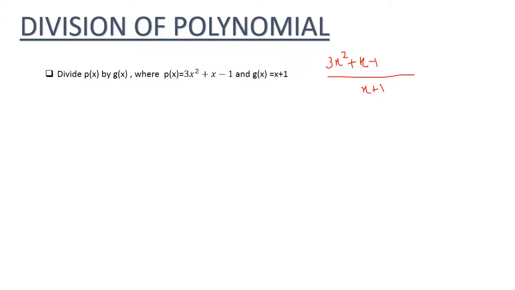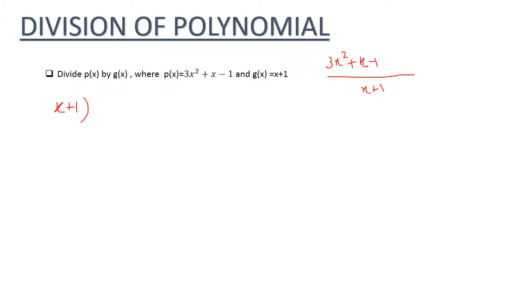These are the basic concepts, and you have already learned it in class 6 or 7, but in the form of integers or real numbers. And now we have to divide polynomials. So let's start it.